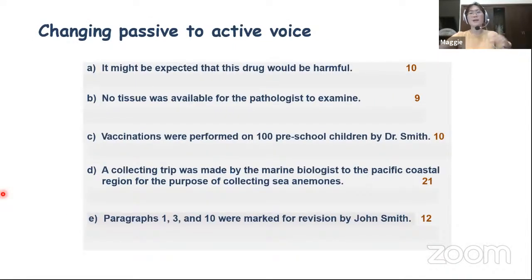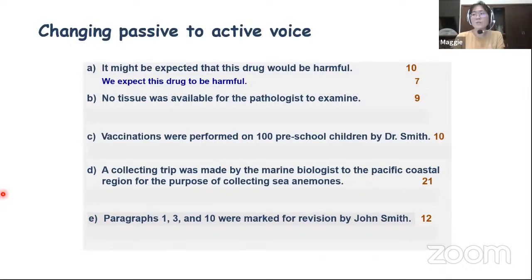So here, I have a practice for us. First, changing the passive to the active voice. The first one: it might be expected that this drug would be harmful. If we change this sentence from the passive voice to the active voice, what should it be? We expect this drug to be harmful, right?